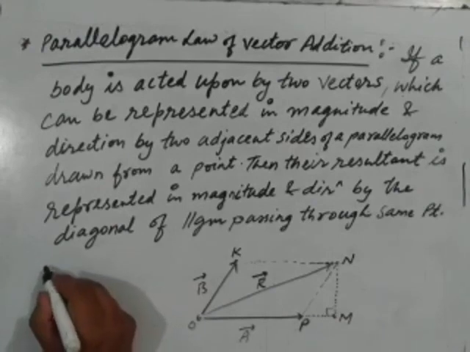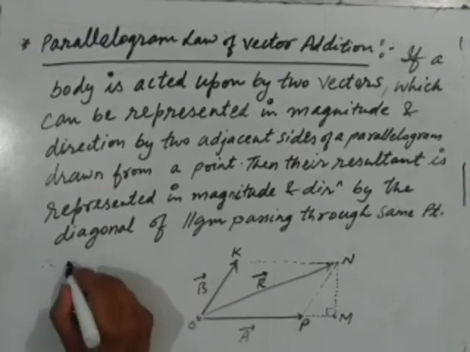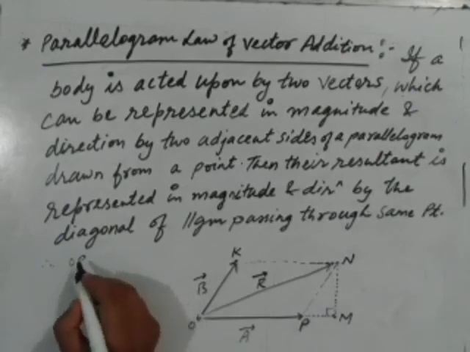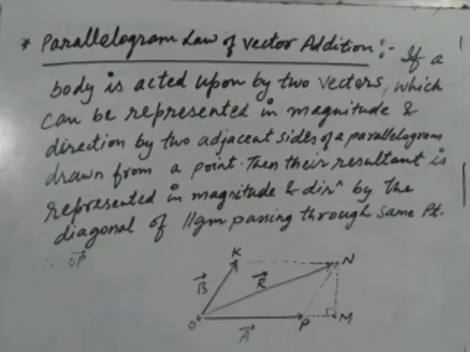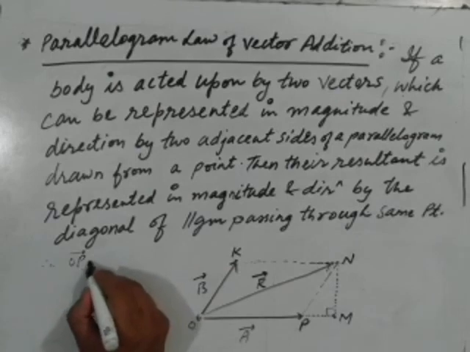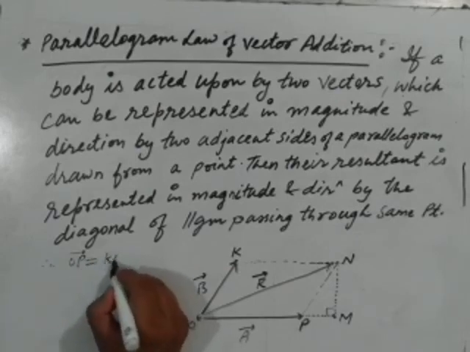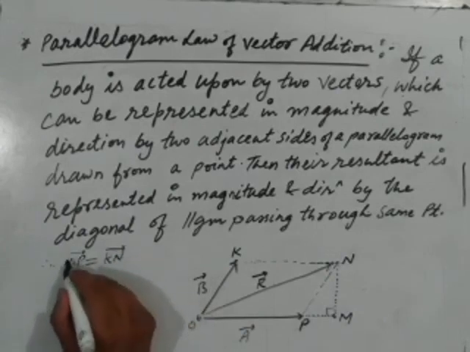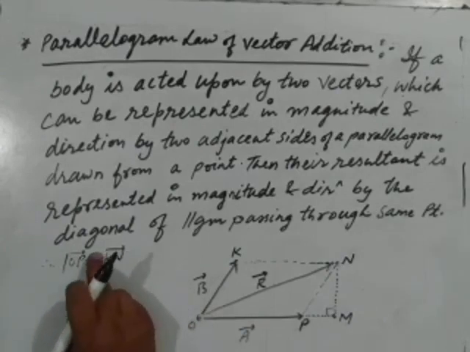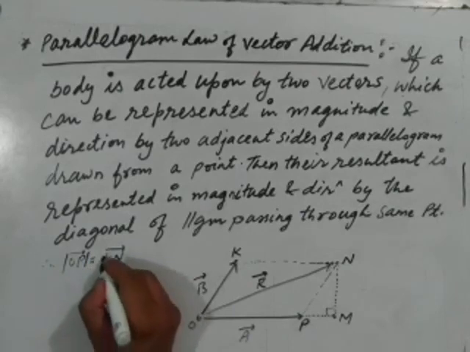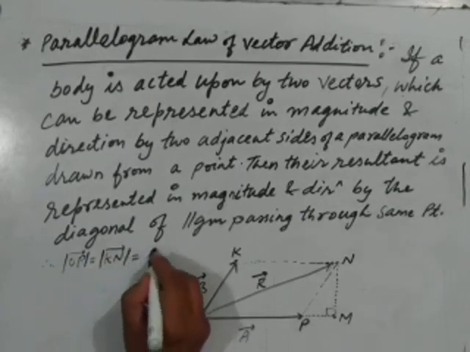So we can write OP vector equal to KN vector equal to A.